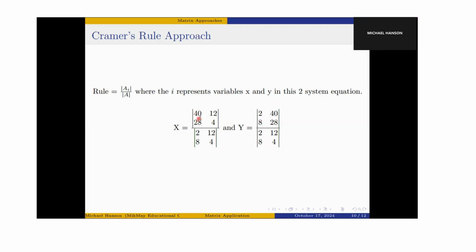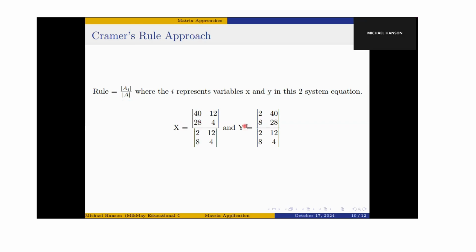So as you can see, the constant matrix was 40, 28. Look at the general matrix, the coefficient matrix. It is 2, 8, 12, 4. So you could see that we've only replaced 2, 8 with 40, 28, which is the constant matrix.